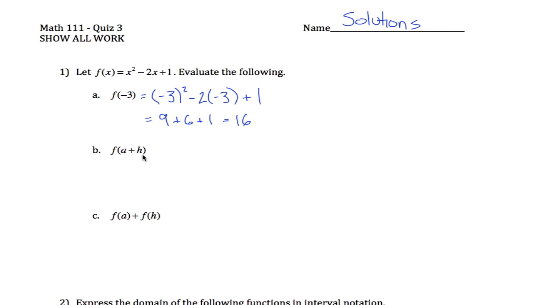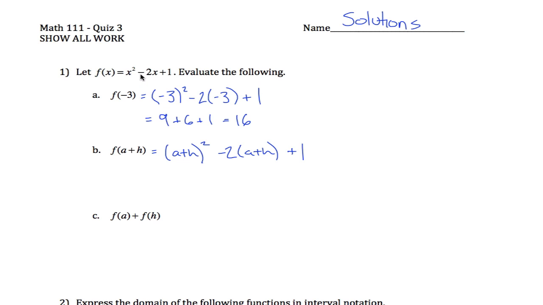Okay, what if you put a plus h into this function? Well, what we would do is replace all the x's with a plus h. So we'd get a plus h squared minus 2 times a plus h plus 1. These parentheses are important. We want to square all of the input, so we want to square this whole a plus h.